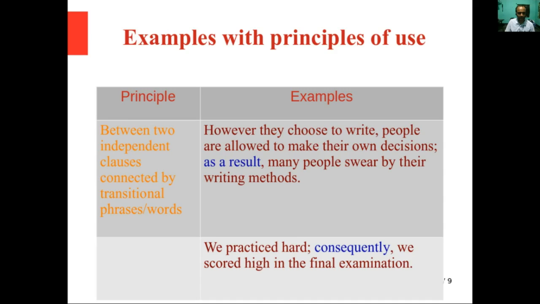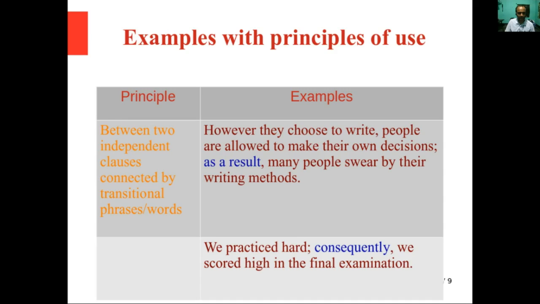So the phrases or the words that help us to shift from one part of the speech to another part of the sentence is called transitional phrase. If you look at the example, I have marked the phrases and a word in blue color here. As a result, you see the phrase as a result in blue color.